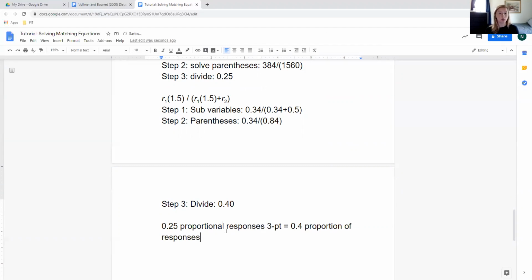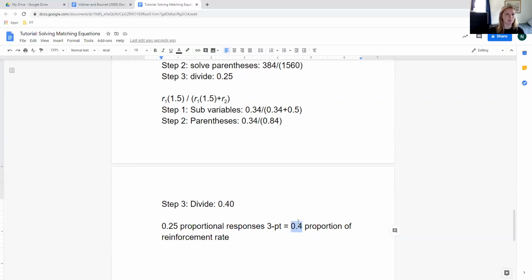So when accounting for the points that he could have gotten, that was the proportion of reinforcement, or points, that were available for those responses. So this means that LeBron James actually could have scored more points if he had allocated more of his responding towards 3-point shots versus towards 2-point shots.